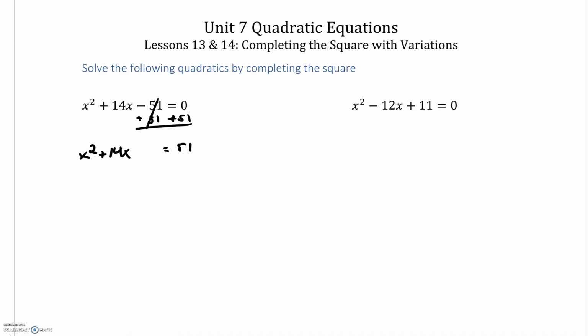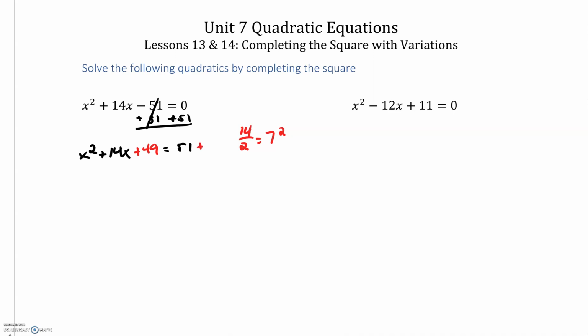Now to figure out what this c value is, remember what I need to do is take the b value, the 14, divide it by 2 and square it. So over here, 14 divided by 2 is 7, and I square that. I'm going to add 49, and that makes my trinomial on the left a perfect square trinomial.